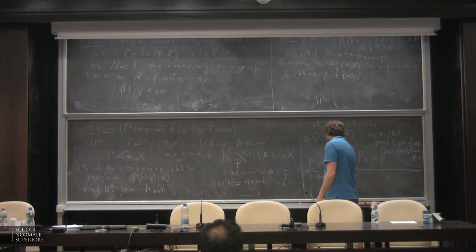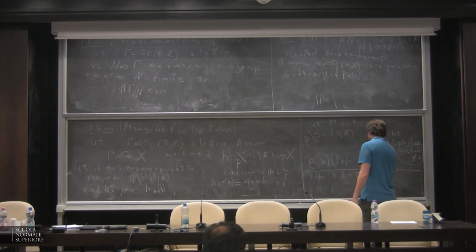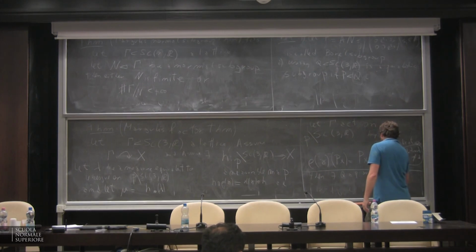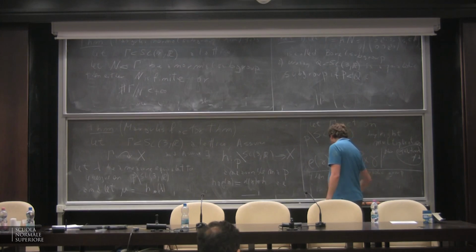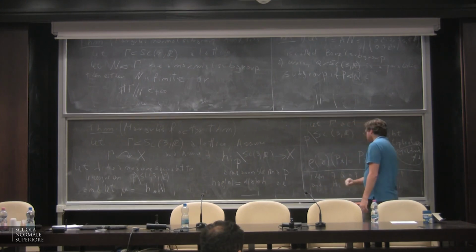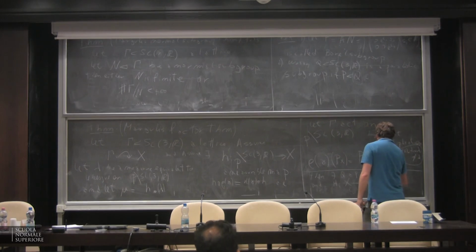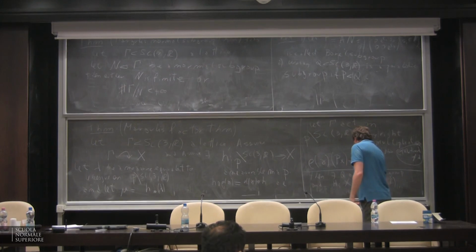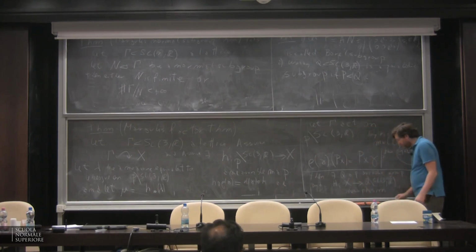Now comes the end. There exists Q, the parabolic group, and pi and capital H from X to Q mod something, an isomorphism.